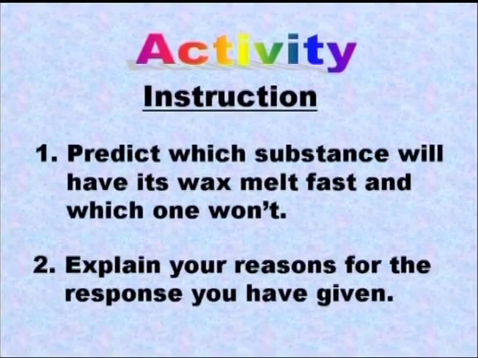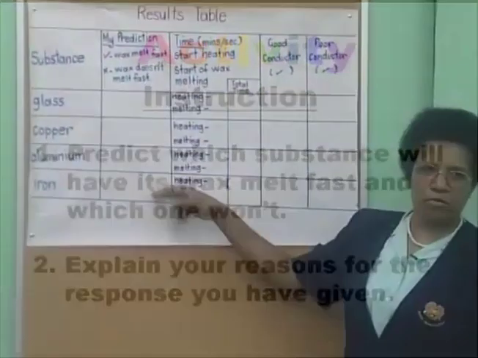Right, let's see what you have for your prediction before we actually go on doing the experiment. You have to predict which substance will have its wax melt fast and which one won't. Now, in your worksheet handbooks, and I also had it done on the big paper, you're going to make your predictions there.